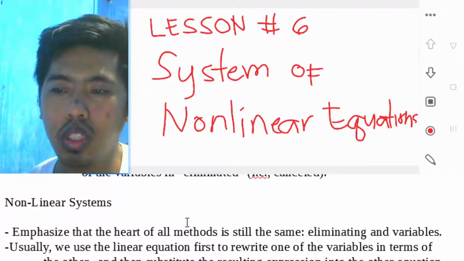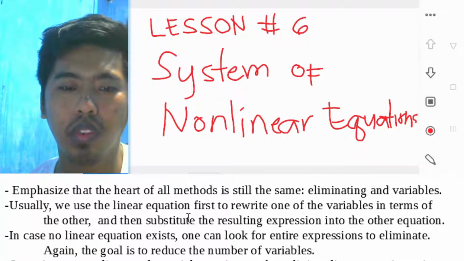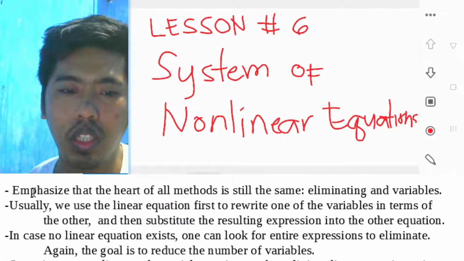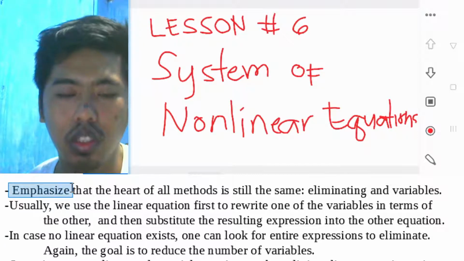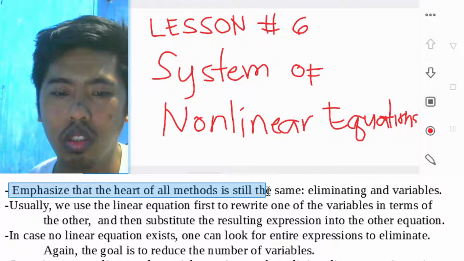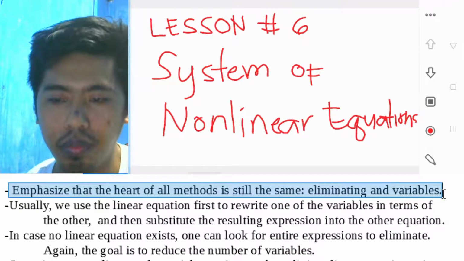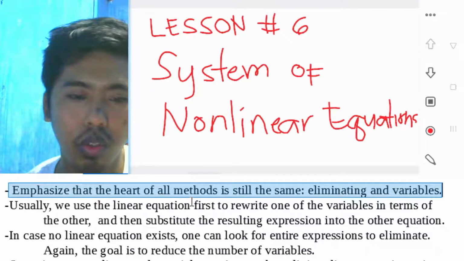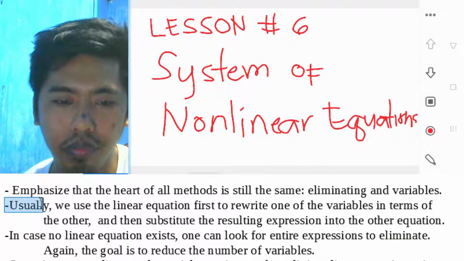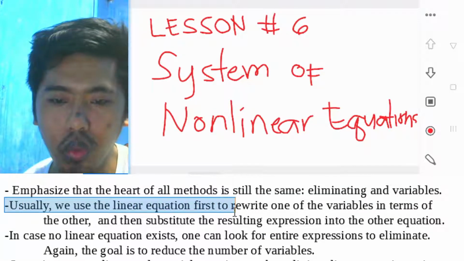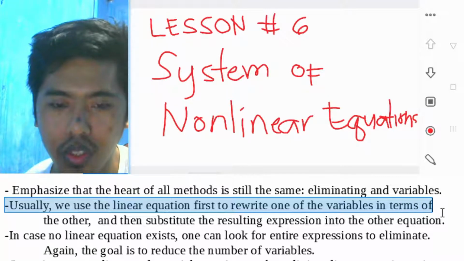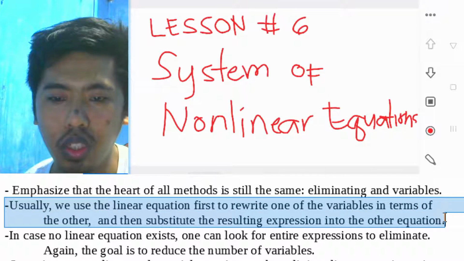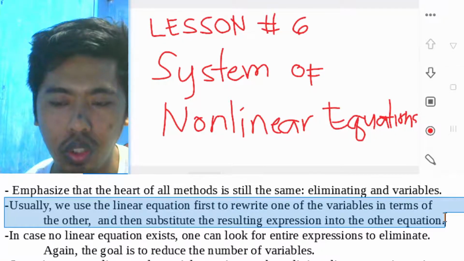Let's proceed to the nonlinear systems. So in the nonlinear systems, emphasize that the heart of all methods is still the same. So same ray daisig methods, substitution and elimination. Now usually, we use the linear equation first to rewrite one of the variables in terms of the other, and then substitute the resulting expression into the other equation.